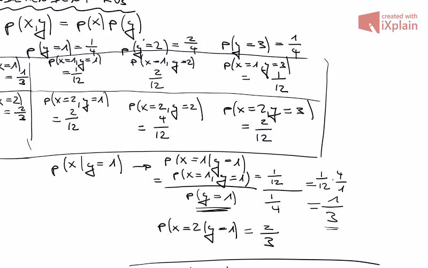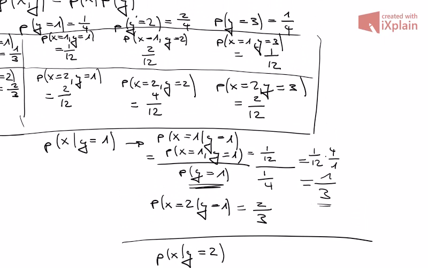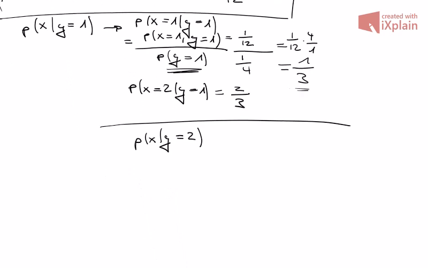So for this, we have to look at this thing here and divide it by 2 over 4. So that's p of x equals 1, y equals 2 divided by p of y equals 2.